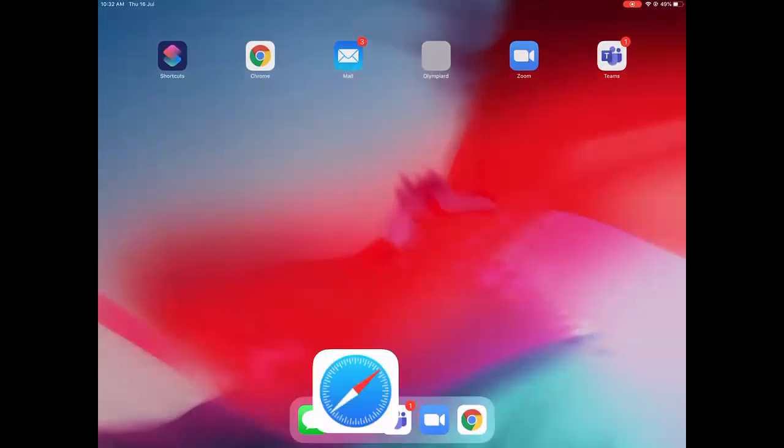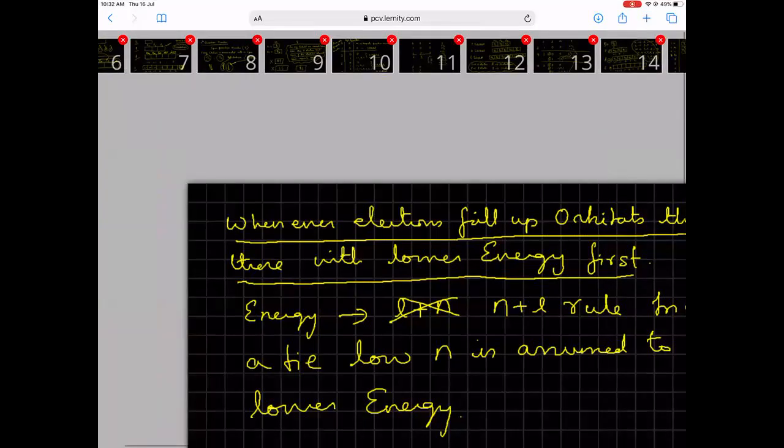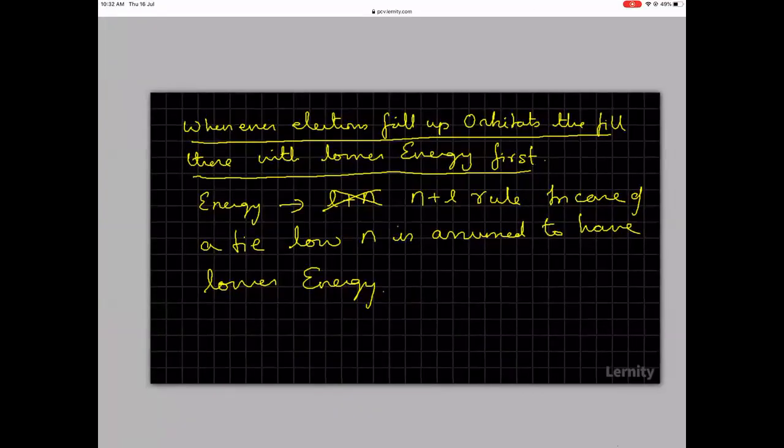I will show you the current slide. Whenever electrons fill up orbitals, they fill those with lower energy first. And how do you find the energy? Energy is found by the n plus l rule. In case of a tie, low n is assumed to have lower energy.